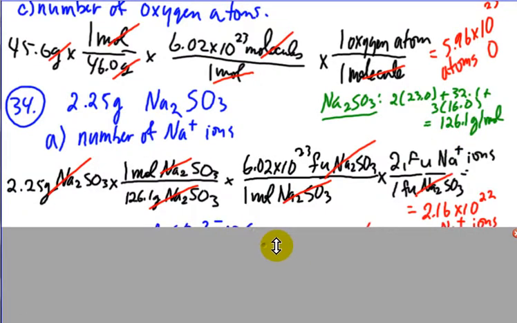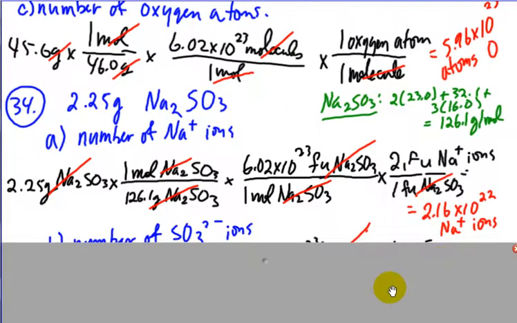So setting that up, 2.25 grams multiplied by 1 mole over 126.1 grams, so that cancels. Then 1 mole of sodium sulfite is 6.02 times 10 to the 23 formula units, so moles cancel. Then of course 1 formula unit of sodium sulfite has 2 sodiums. So there you have it, 2.16 times 10 to the 22 sodium ions.